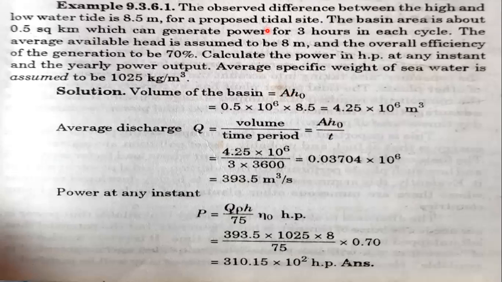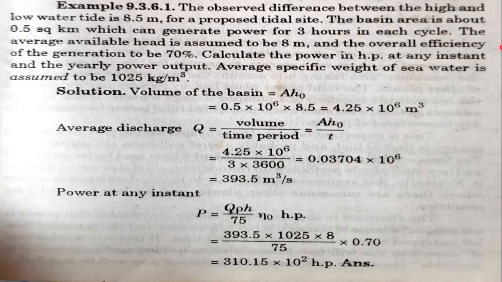So the difference between the maximum and minimum limit of water tide, H naught, is 8.5 meters for a proposed tidal site. The basin area is about 0.5 square kilometers, which can generate power for 3 hours in each cycle.